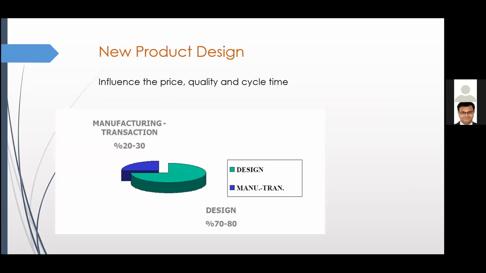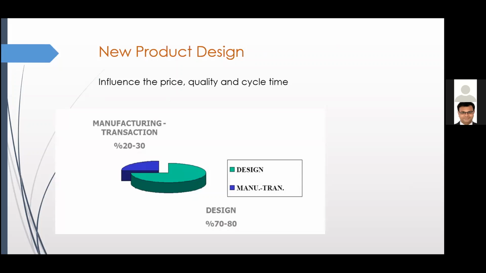And here, what is the influence of price, quality, and cycle time? Just now we were talking about value engineering, where we need to concentrate so that the product cost will be reduced.